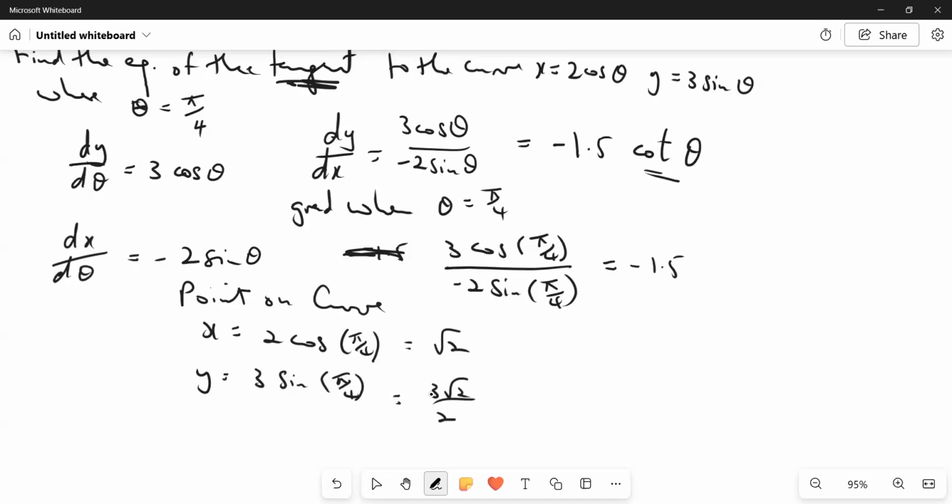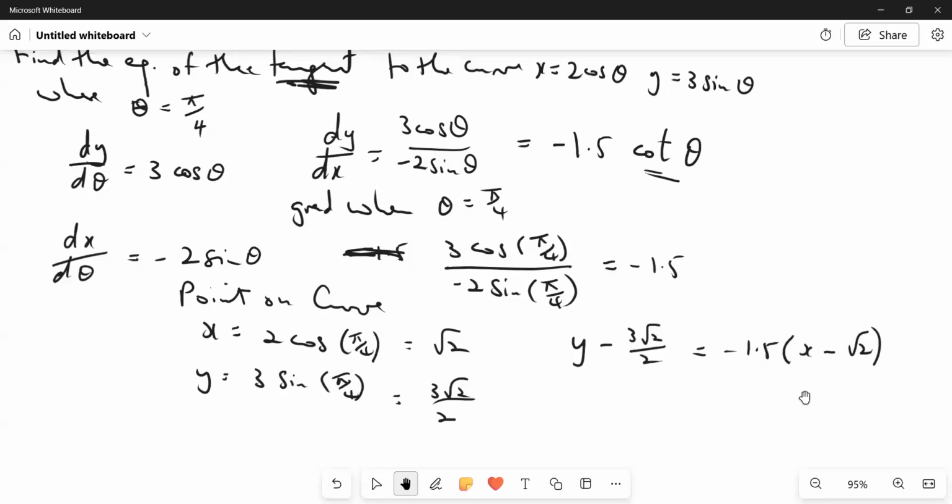So you have an x and y coordinate. You put that into the point-slope form of the equation: y minus 3 root 2 over 2 equals minus 1.5 times (x minus root 2). If you want to simplify that, be my guest.